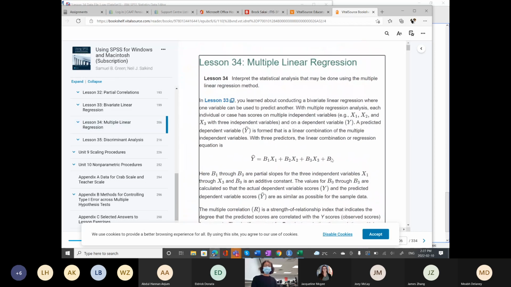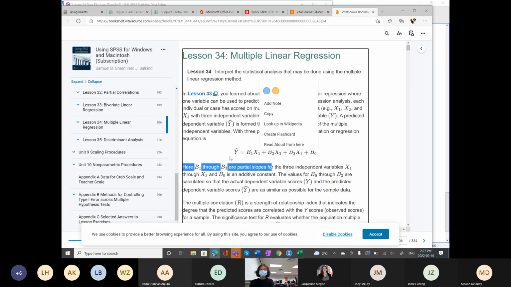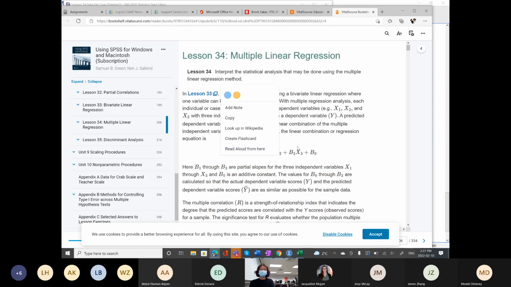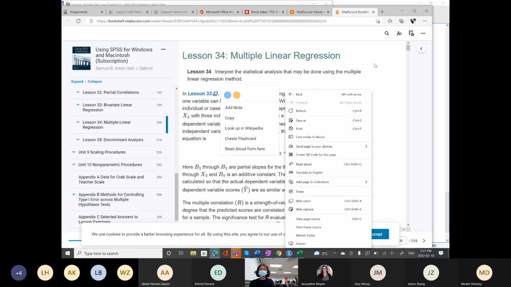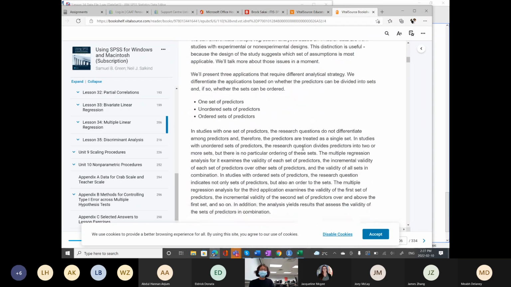So basically, in multiple regression, in this equation, we want to explore the relationship between y and x1, x2, x3. Okay, there are multiple relationships. We want to do that.